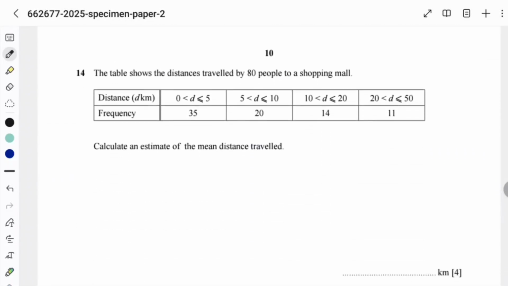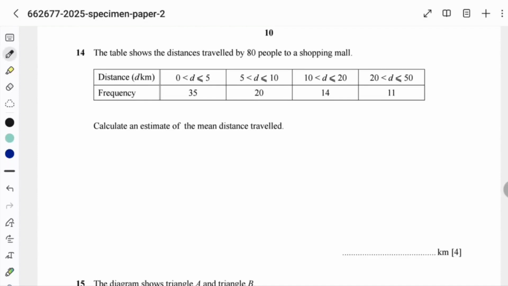Now, question number 14. The table shows the distance traveled by 80 people to the shopping mall. Whenever we add 35, 20, 14 and 11, it will be 80. Estimate the mean distance traveled.